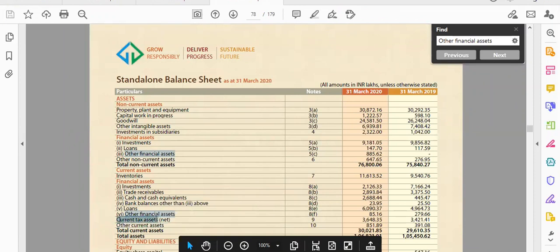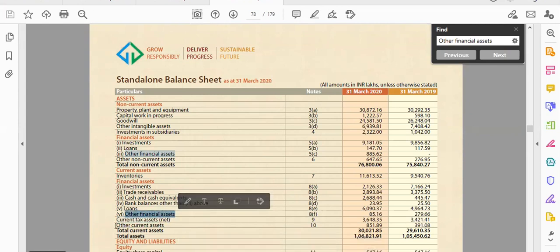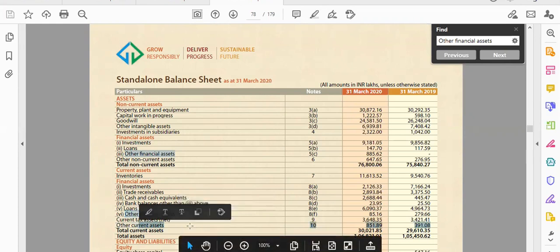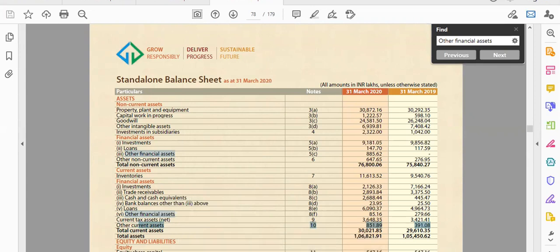We already learned about taxation when it is coming here in current assets and in current liability. So the tax, no need to check this particular working note, but we need to check two working notes. One is other financial assets, second one is other current assets. These two working notes you have to find and refer to find our prepaid expenses.